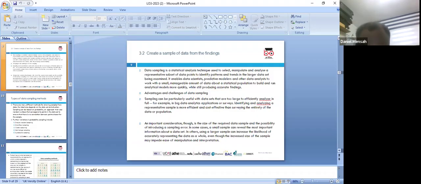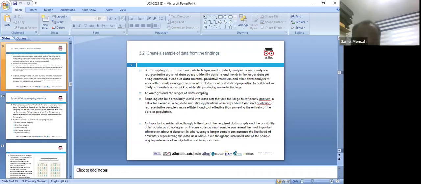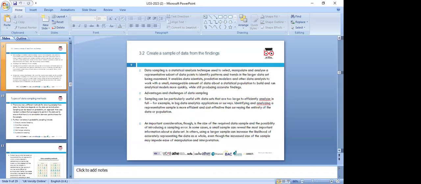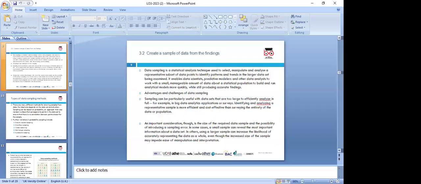And so what may be the advantages and challenges of data sampling? Sampling can be particularly useful with data that are too large. I think most of the things I'm saying I've already explained to you, but I just want to read. The data can be too large to analyze. You remember I said that you don't have to make it very large? Exactly, so that's exactly what is being said.